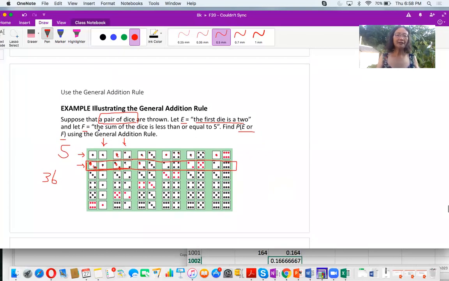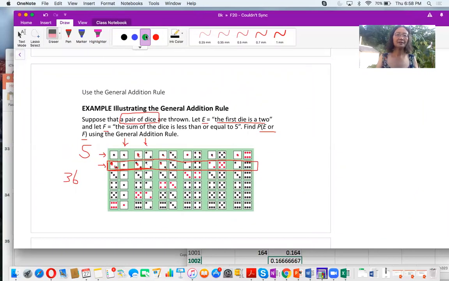F represents the sum of dice is less than or equal to 5. Try to use a different color. Out of these events, which ones, when you throw 2 dice, have a sum equal to or less than 5?